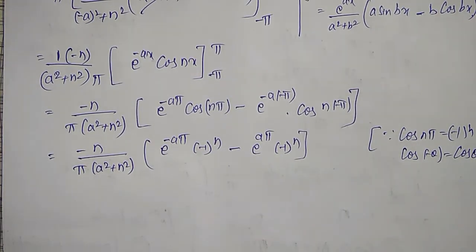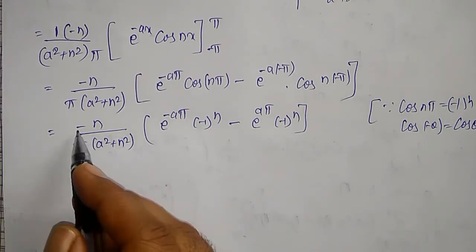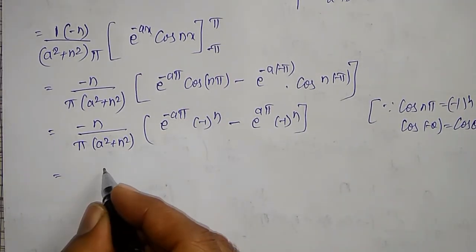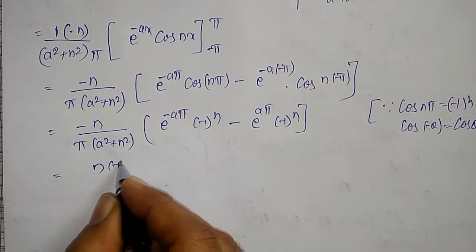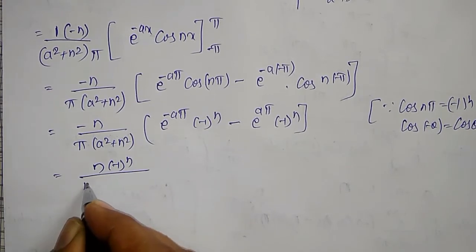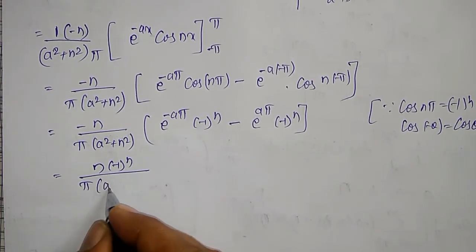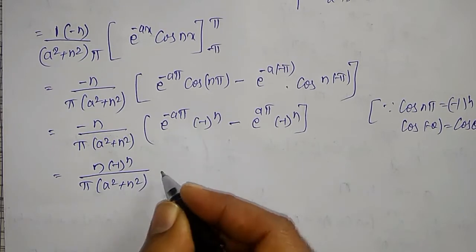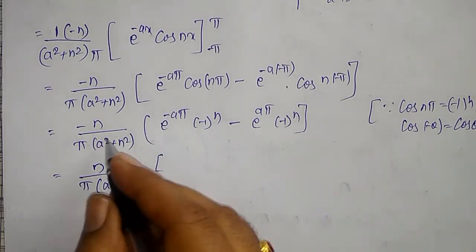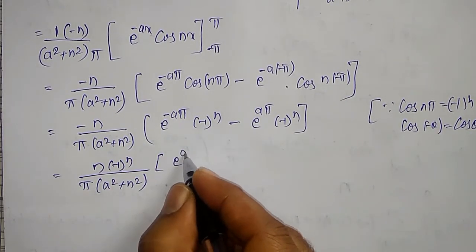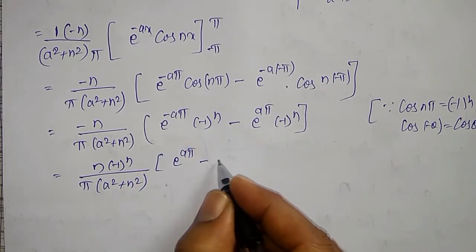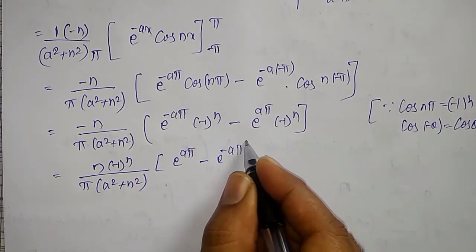Simplifying this, with (-1)^n taken common, the minus i will multiply inside, that will become n into (-1)^n divided by pi into (a square plus n square) into minus multiplied inside. Therefore e to the power a pi will become minus e to the power minus a pi.